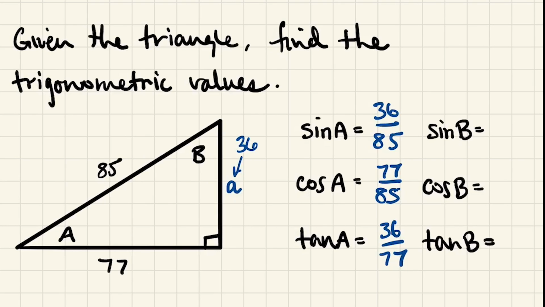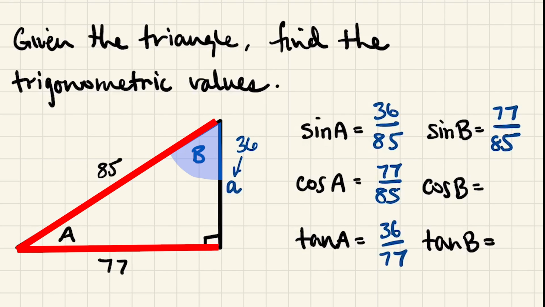All right, very good. Let's find the sine and cosine and tangent for angle B. So sine of B is opposite over hypotenuse. But for angle B, the opposite side is now 77. So this will be 77 over hypotenuse of 85.